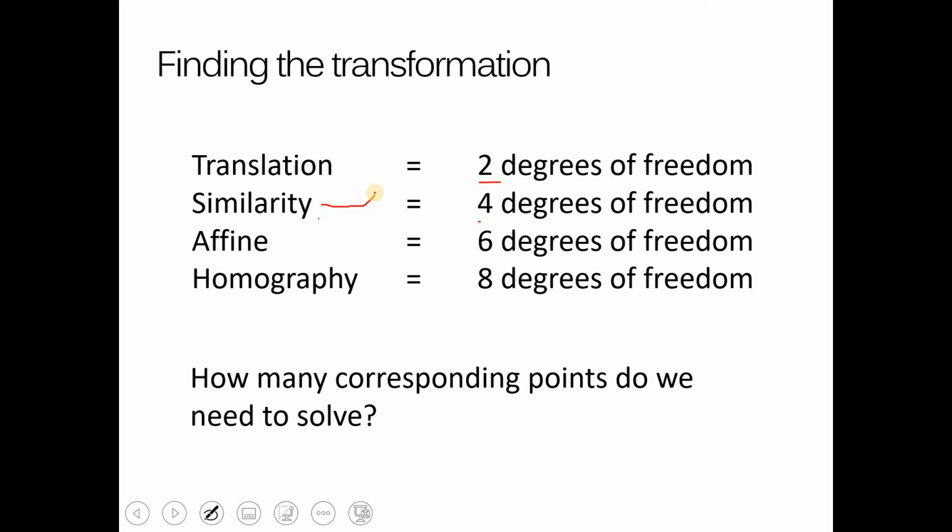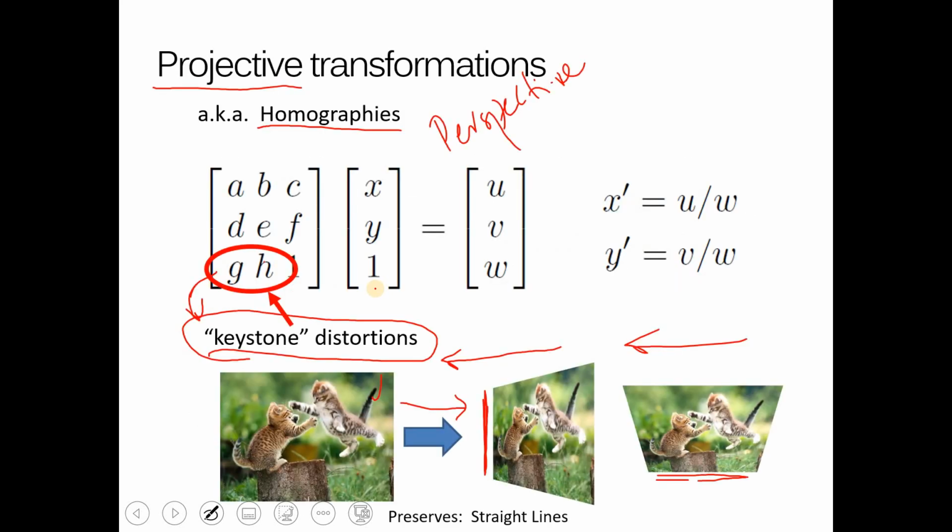Affine transform is the same as similarity transform plus shear and aspect ratio transform. And the last one is the most powerful. It is called the perspective transform, or homography is a more common name. It has 8 degrees of freedom. It provides the keystone distortions also.